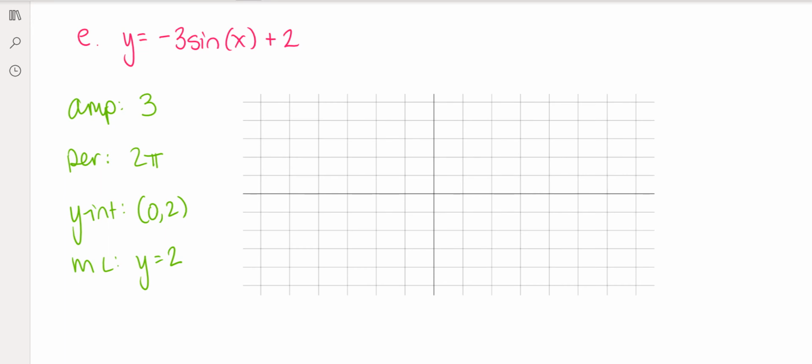Okay, I'm going to start graphing this now because we're getting short on time. Let me do my scale. I generally will do every pi is 2 squares, you guys, no matter what the period is.